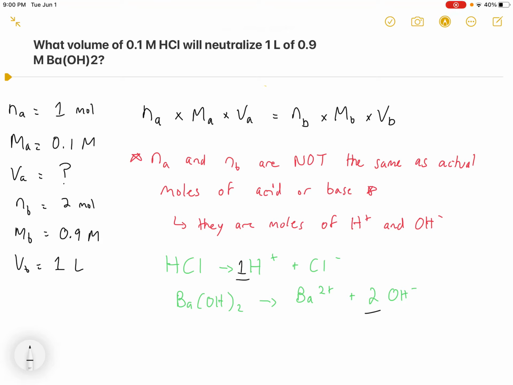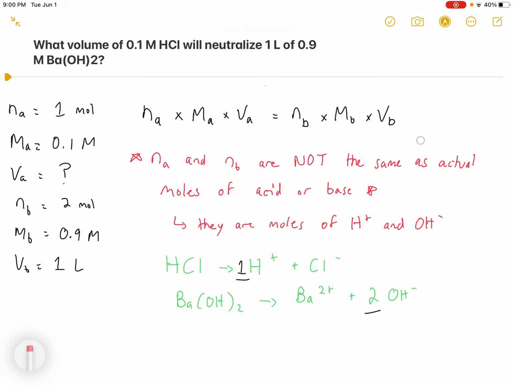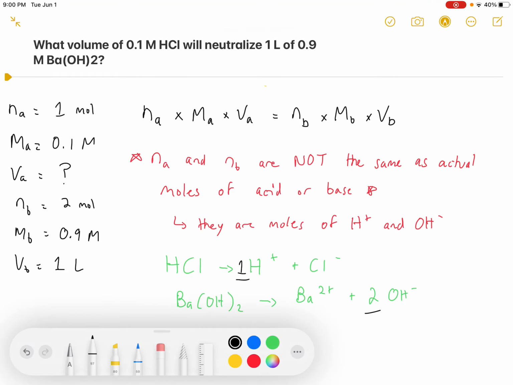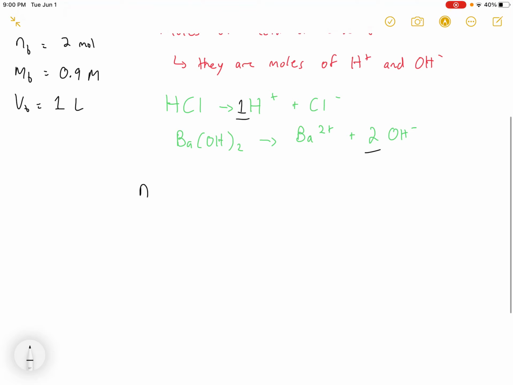Our next step is to perform algebra on this main formula to isolate the variable that we want to solve for, and we want Va. We know that Na times Ma times Va equals Nb times Mb times Vb.